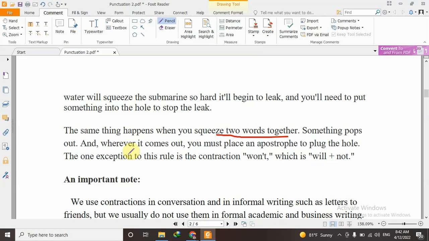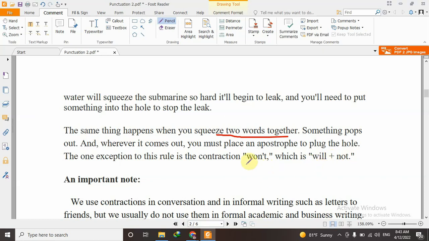So one of these contractions is won't. Won't is actually will not, and its shape changed. Of course, there is a story behind won't. It is said that the word wasn't originally will not.